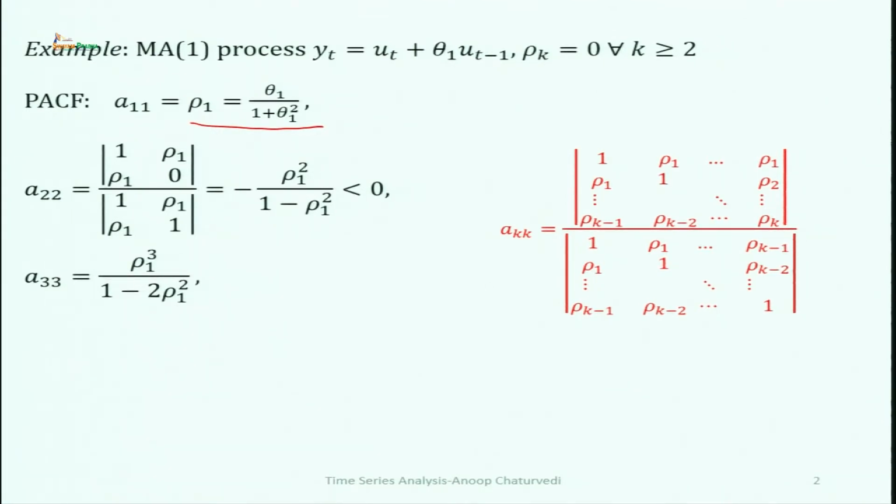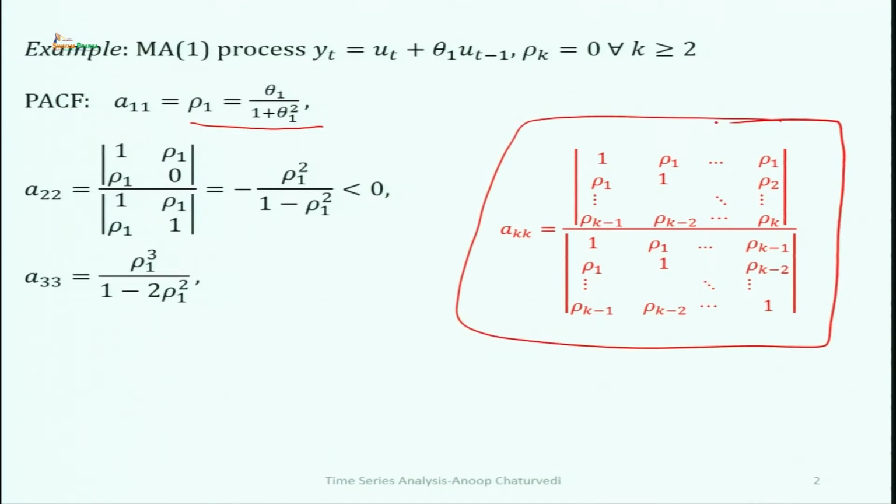Now, for obtaining the partial autocorrelation function, obviously A11 is equal to rho 1, which is theta 1 upon 1 plus theta 1 square. Then for A22, we use this formula for calculating the partial autocorrelation functions. So, A22 is equal to the determinant of 1, rho 1, and rho 1, rho 2, divided by the determinant of 1, rho 1, and rho 1, 1.